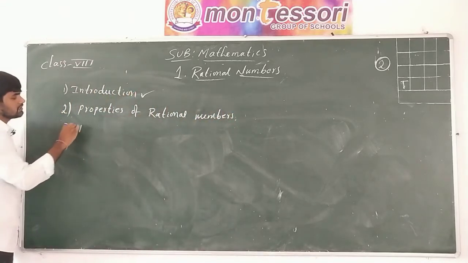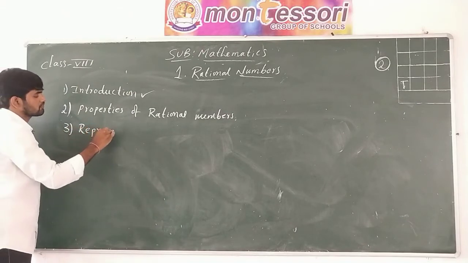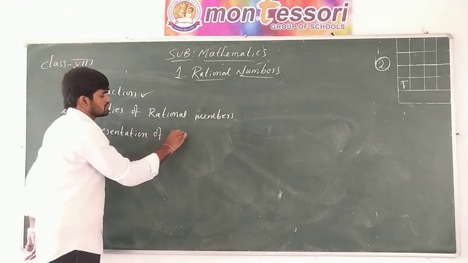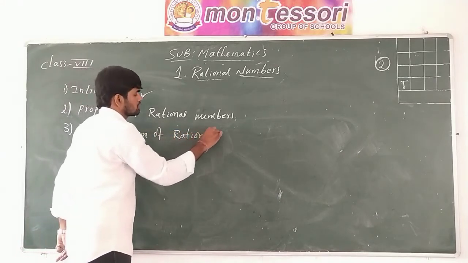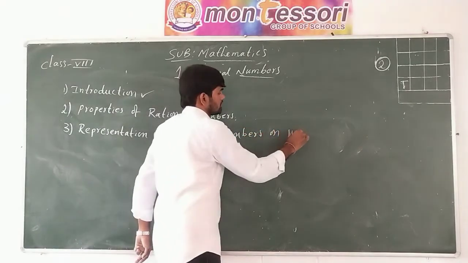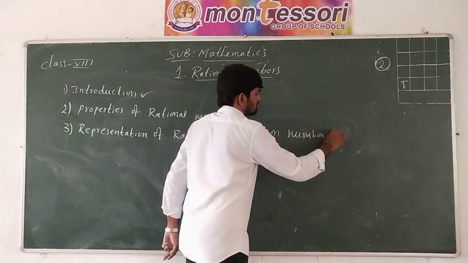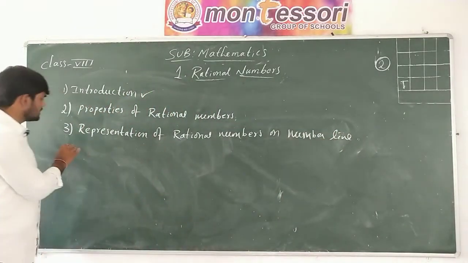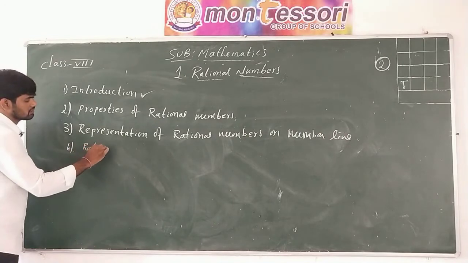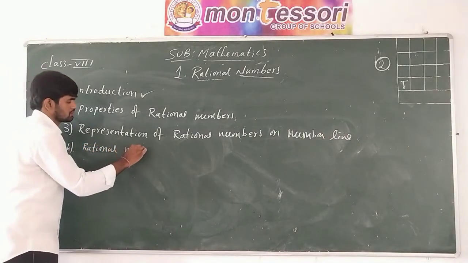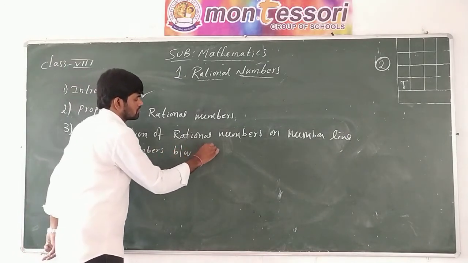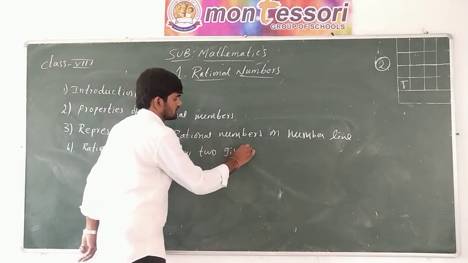Third topic is representation of rational numbers on number line. And fourth is rational numbers between two given rational numbers.